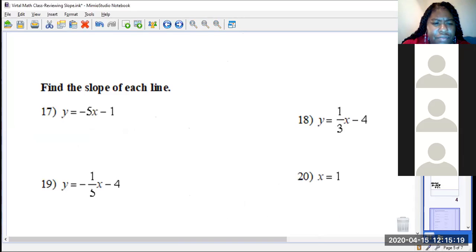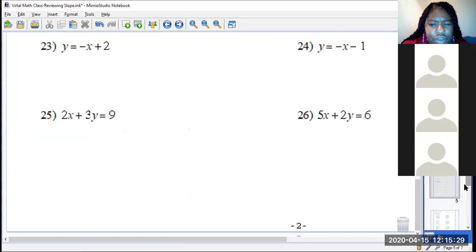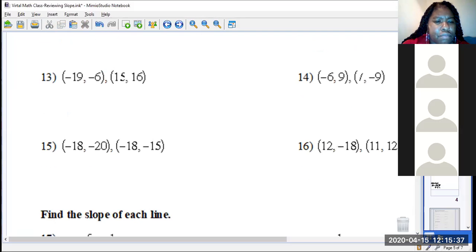All right. So let me see here. Uh-oh. I don't like how I wrote that. Nope. All right. Here we go. Can everybody see number 14 and 16?